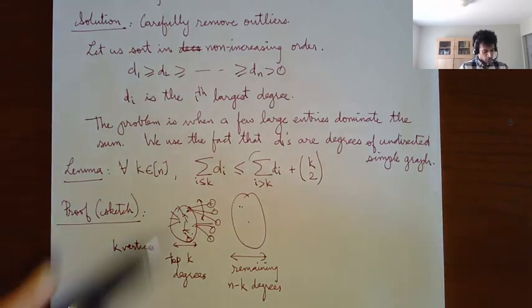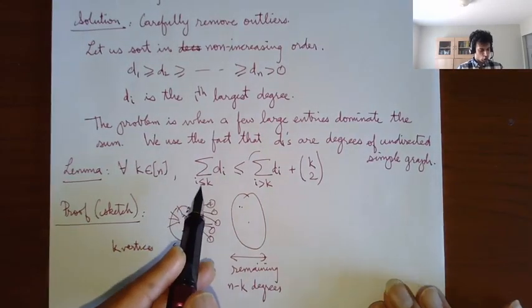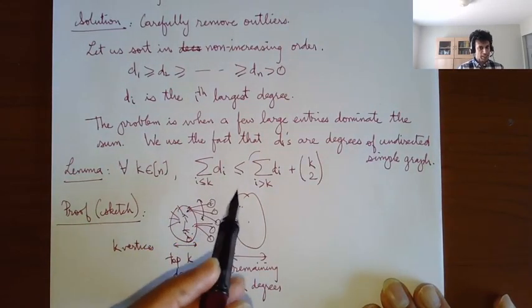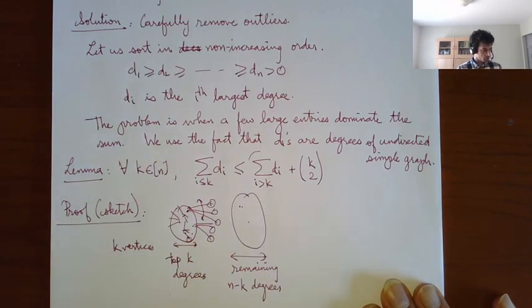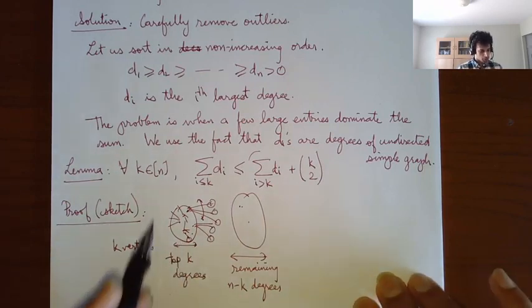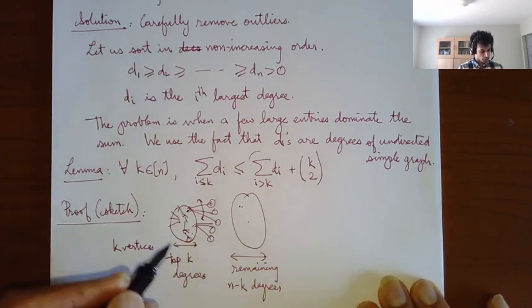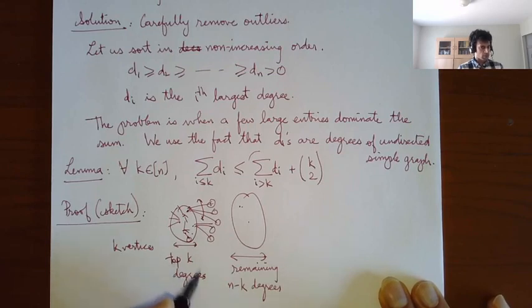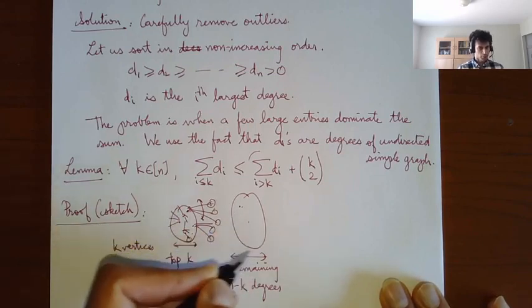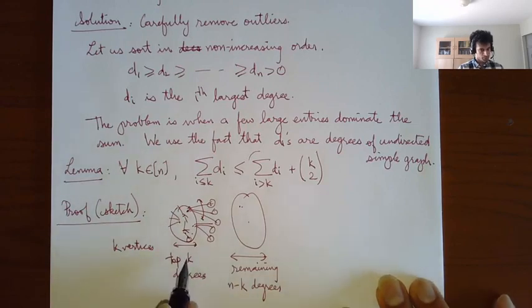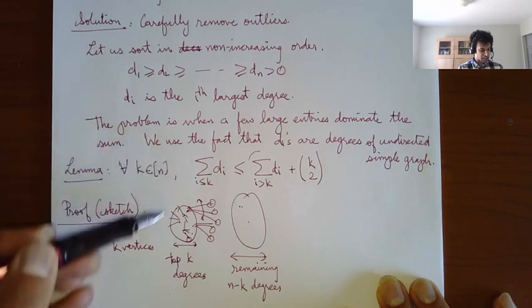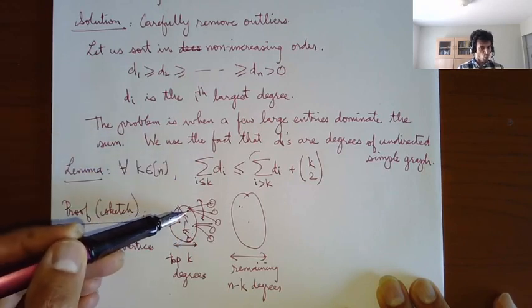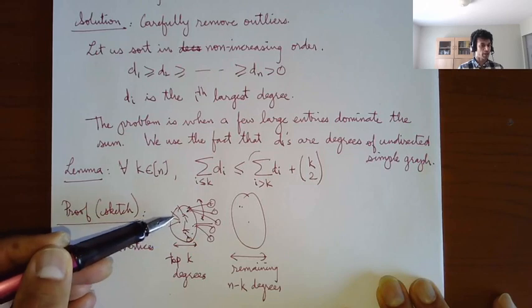Sure. I want to prove that the sum of the top k degrees is at most the sum of the remaining degrees plus k choose 2. So I'm going to take my graph and split the vertices into two parts: the vertices of the top k degrees, and the remaining vertices. The left hand side is the number of edges that have at least one endpoint in here.